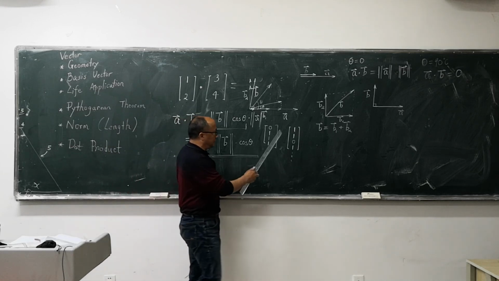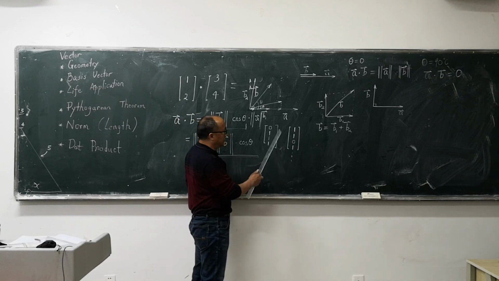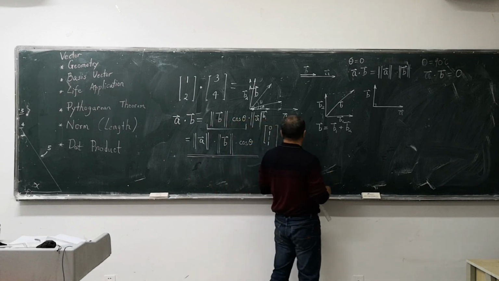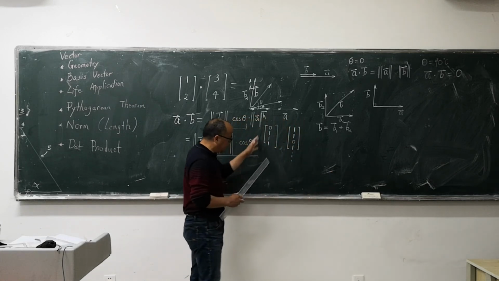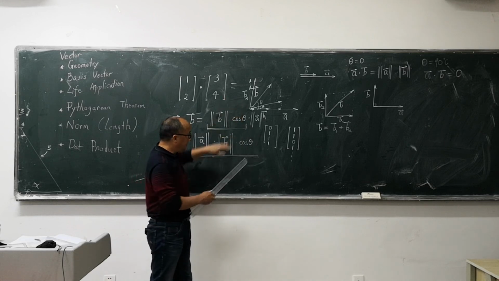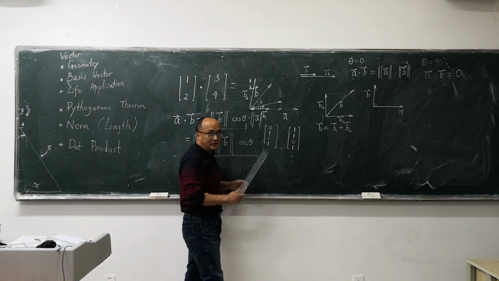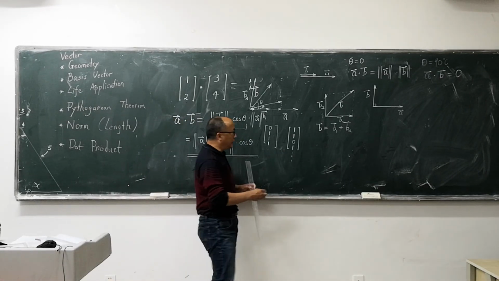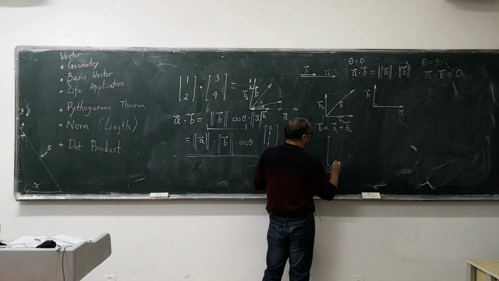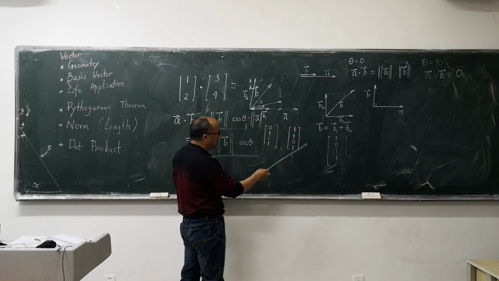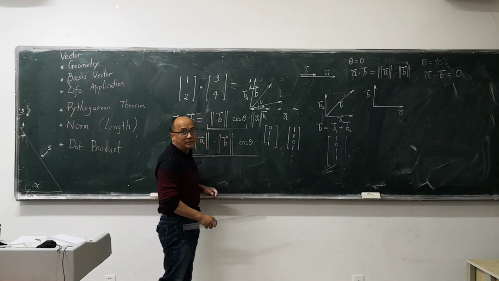Let's say they have a database of different people, each one's interests and hobbies, and you give your result, what you like. The computer takes this vector times this vector, the dot product.